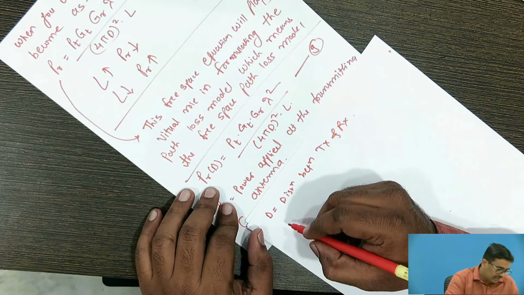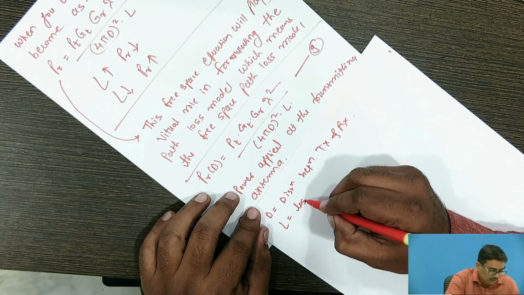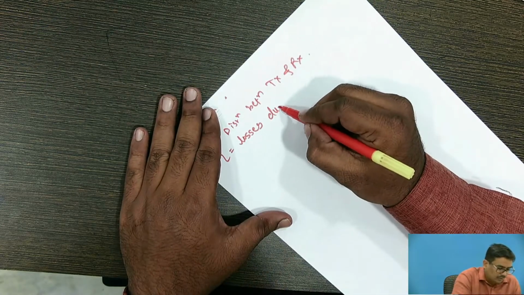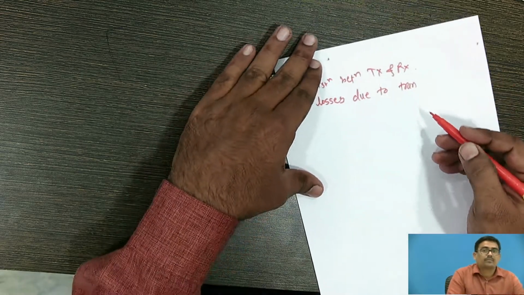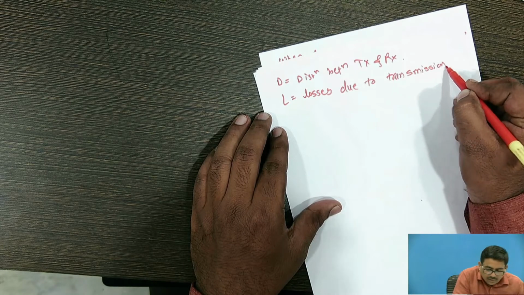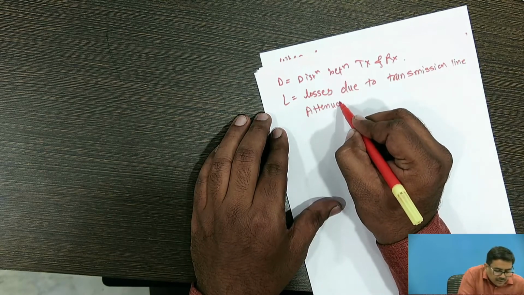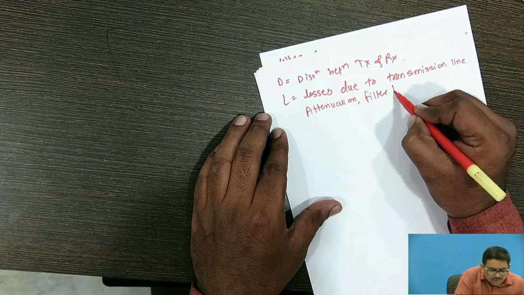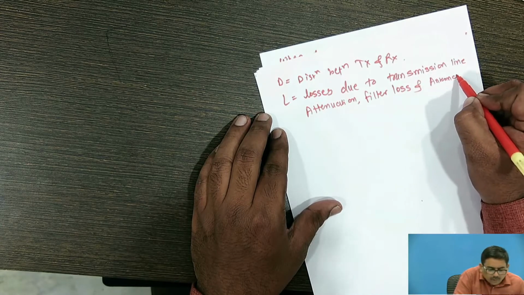Now L is important. L is the losses, losses due to the transmission line attenuation, or we also call it filter loss and antenna loss.